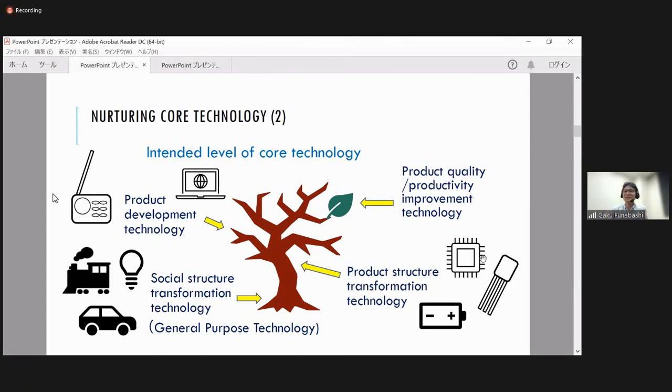And even the IC chip, the quality of the IC chip has been developing so rapidly. On one chip, there are so many transistors, and the number of transistors on one chip has been increasing.